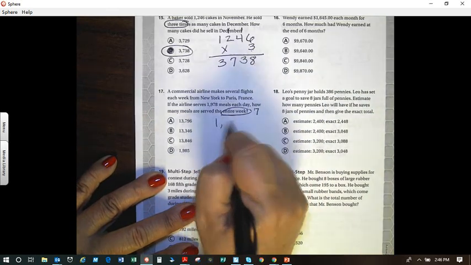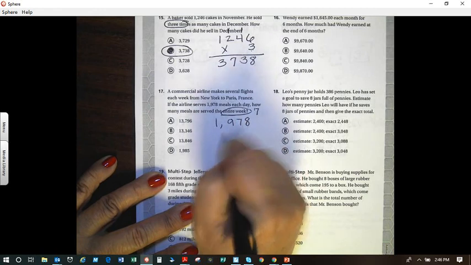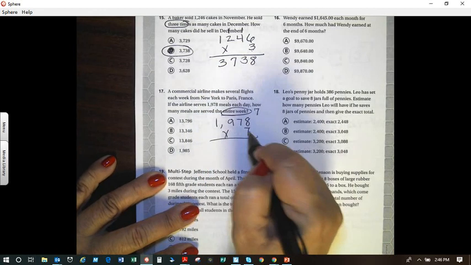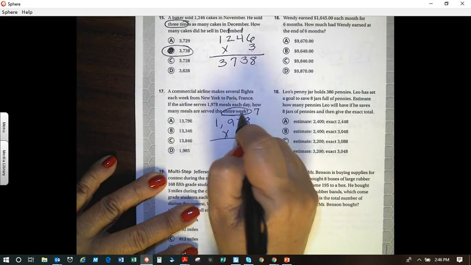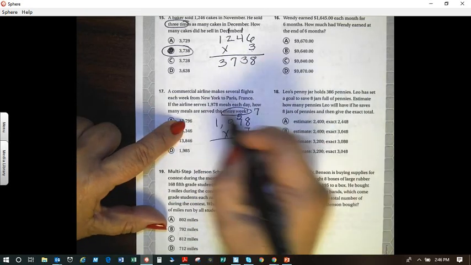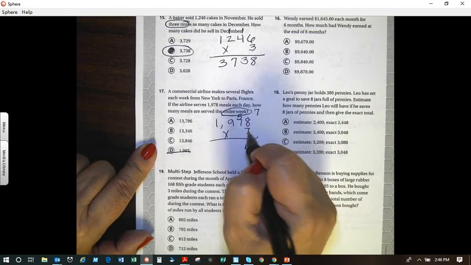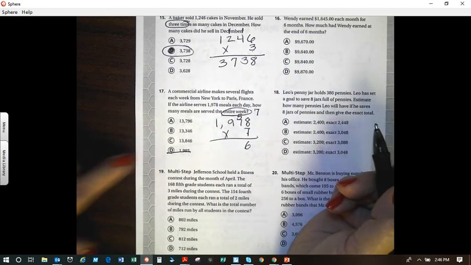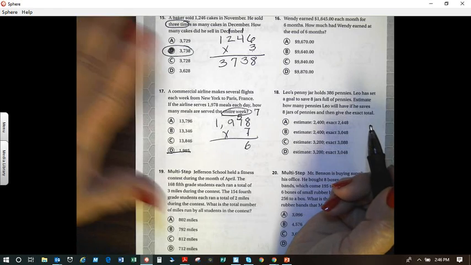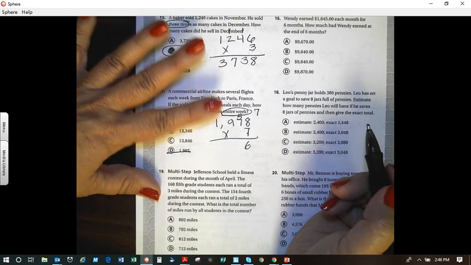So 1,978 times 7. 8 times 7 is 56. Regroup my 5. So I have all of these that have 6. I can get rid of that one. 7 times 7 is 49, plus 5 more, so 49, 50, plus 4 more is 54.